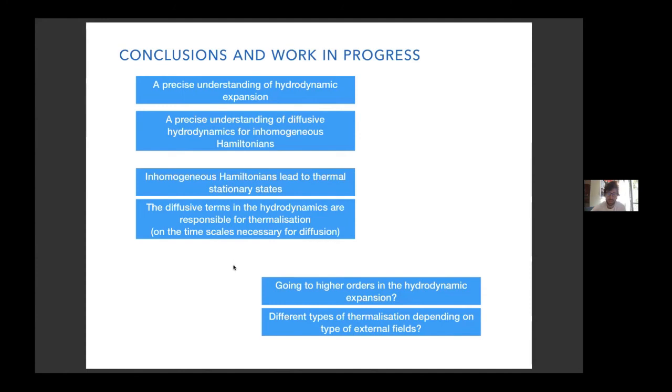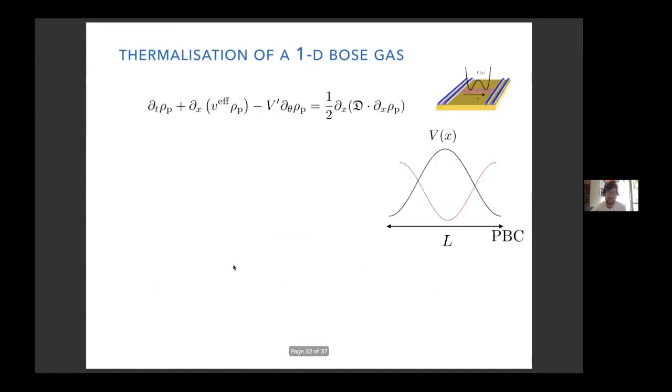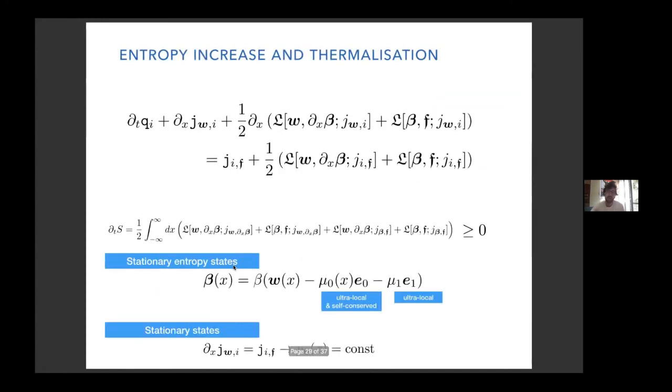Yes, that's a good question. Indeed, we don't even have to talk about rho p because it's a bit misleading. The hydrodynamic equation that you have is this one, and it's an equation for all the densities of conserved quantities that you have in your system.